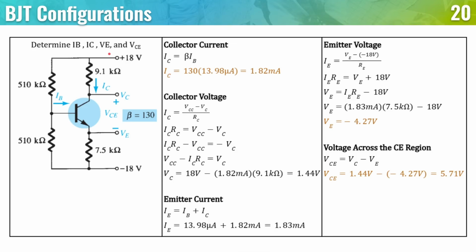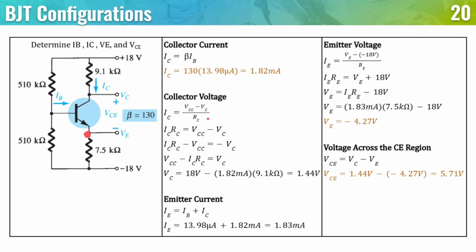So now we are looking for VE. VE is the emitter voltage, and we can't really compute for that yet. I mean, we can actually. Oh wait, we can't. Not yet.